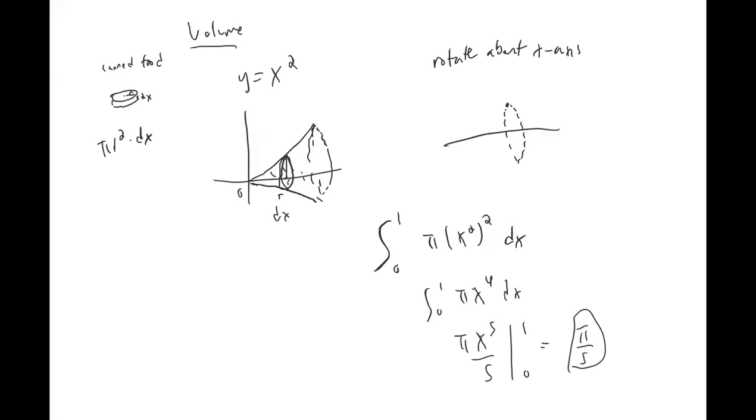Now let me ask a question because I know this question comes up every Math 2B quarter. Let me draw this picture again. You know how we took the circle here of little height, think of this as canned food, but I'm not going to draw the dx.